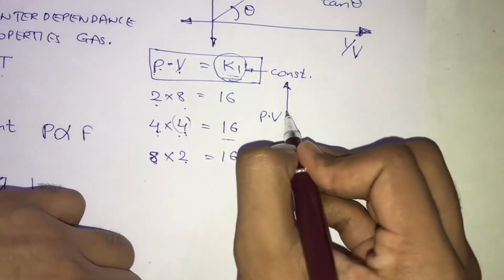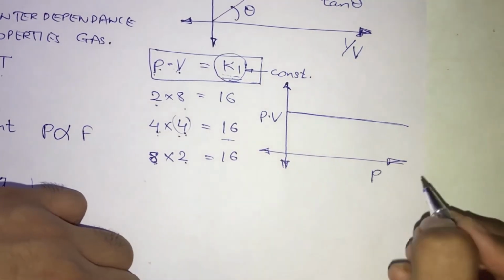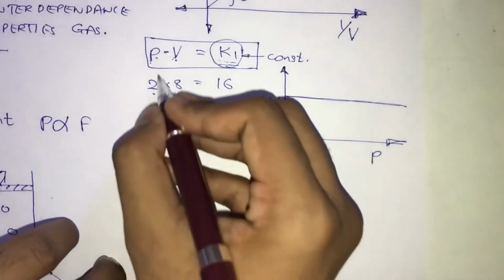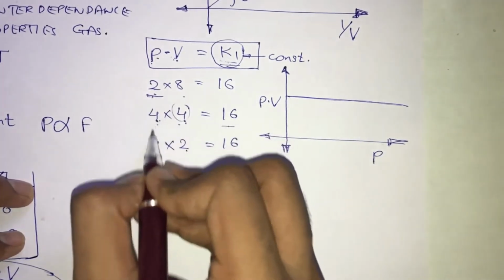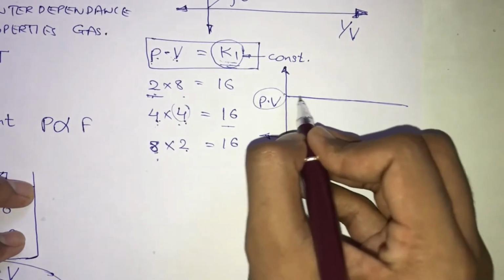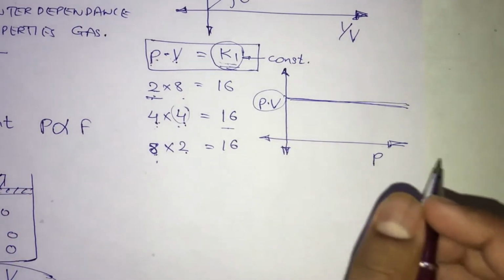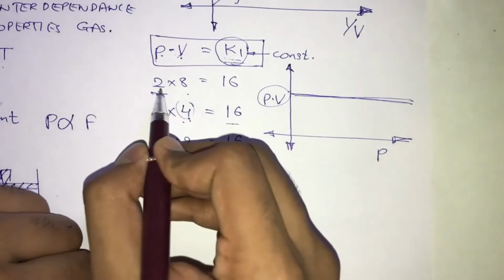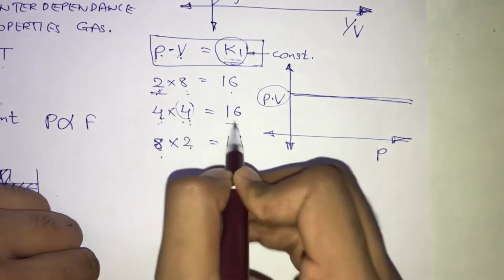So this value is obviously going to remain constant, that is for any pressure, for whatever pressure you take, as I have explained earlier, whether you take pressure as 2, 4, 8, for any value of pressure, the value of P into V is going to remain a constant. It is not going to change. See, the multiplication of pressure P into V is 16 here, 16 here, 16 here.